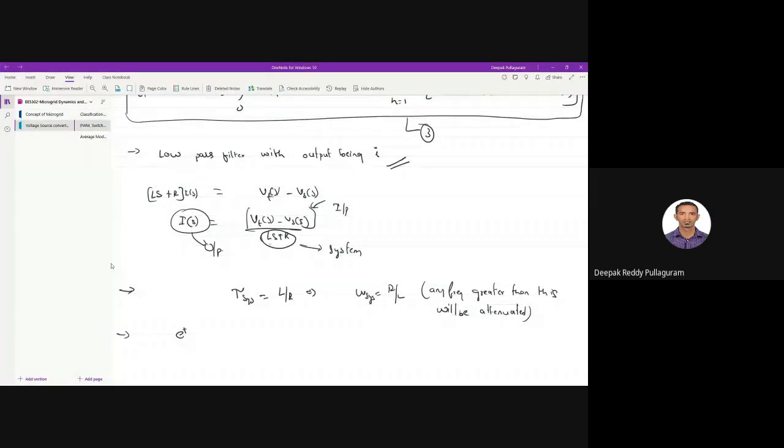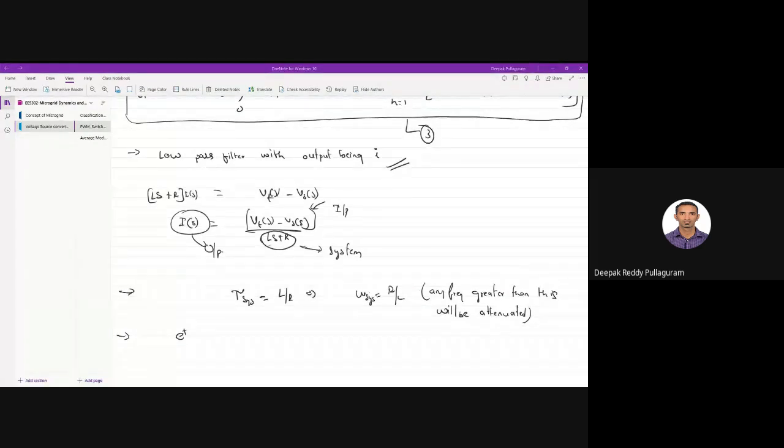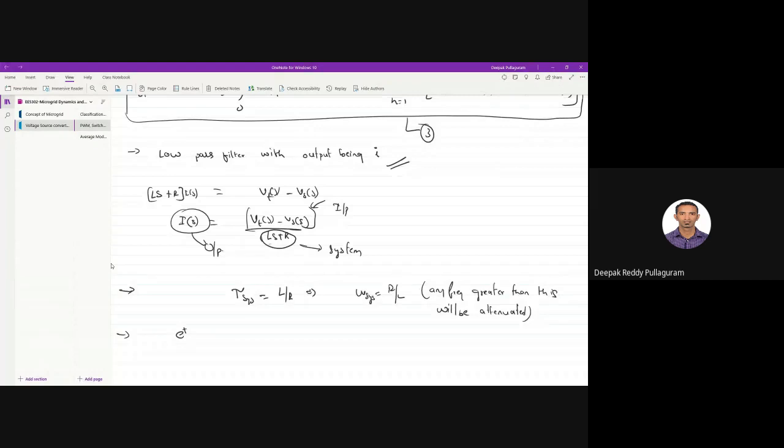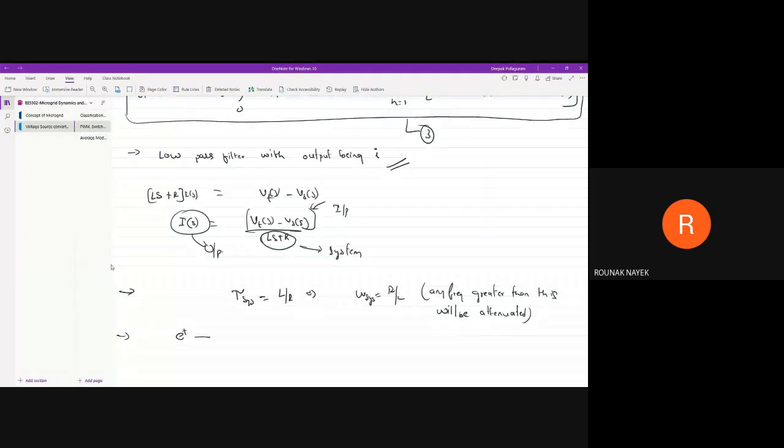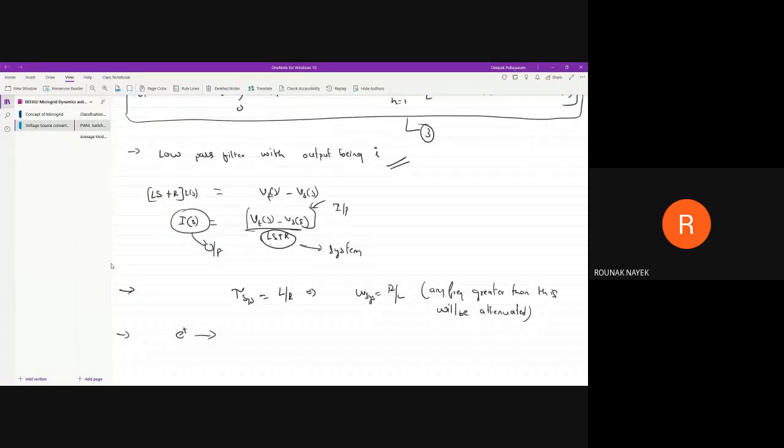After representing in Laplace, will it become linear or non-linear? Non-linear, sir, because in this case the Fourier transform does not exist. We can take the Laplace transform, but it does not converge, so we cannot give the transfer function.